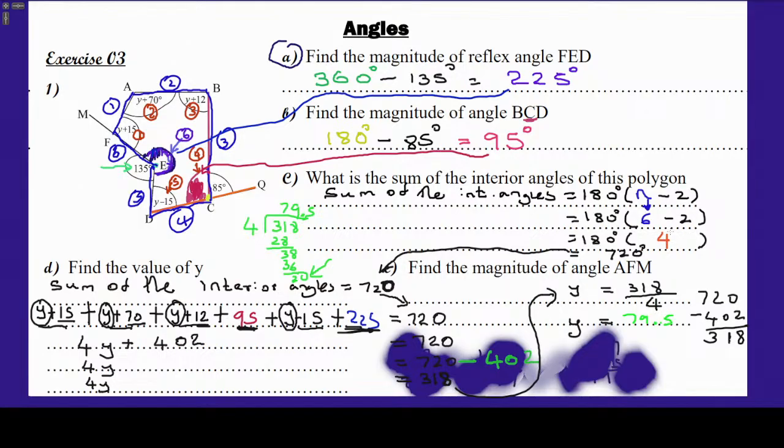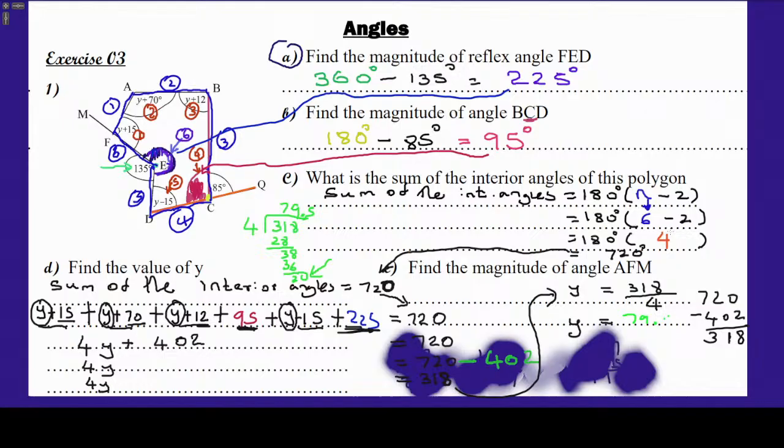The magnitude, or the size, or the value of angle y. I repeat, the value of y is 79.5. All right. It is a bit messy on this page, so let me erase. I hope you understood.